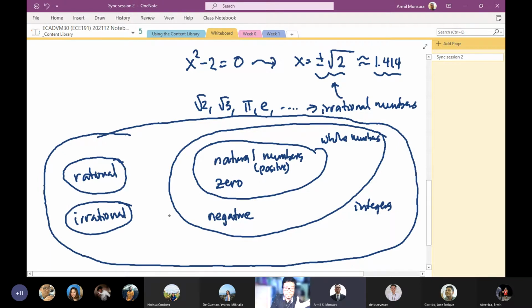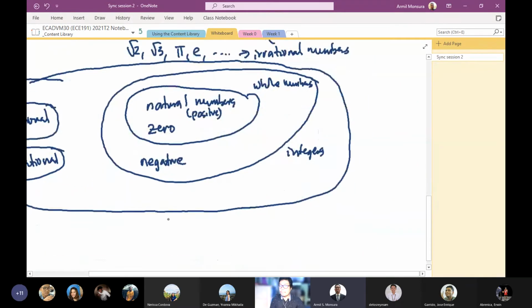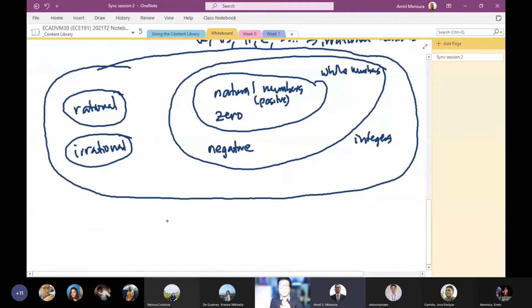In your study of mathematics from kinder up to this point, these are the set of numbers that you already know. Now, at this point, we will have to extend this set of numbers.